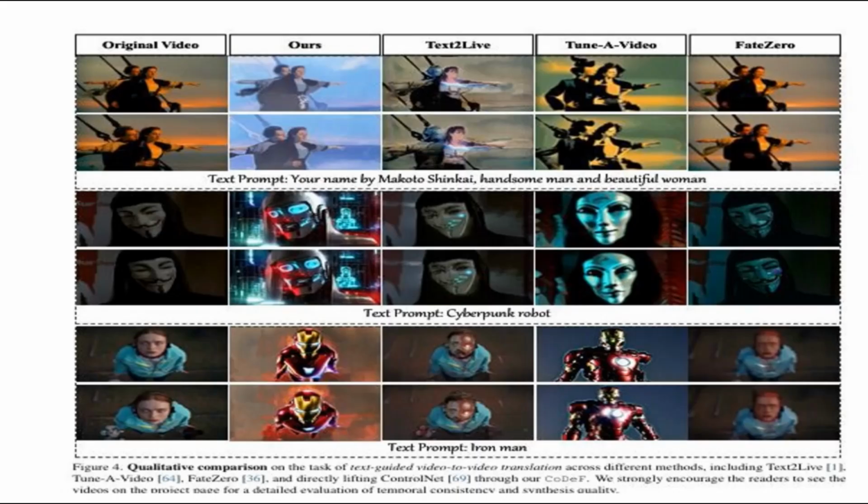And dear friends, this technique also enables non-rigid object tracking, allowing AI to track even complex elements like flowing water or moving smoke by bridging the gap between image and video processing. Of course, CoDeF brings us closer to flawless AI-enhanced video generation.